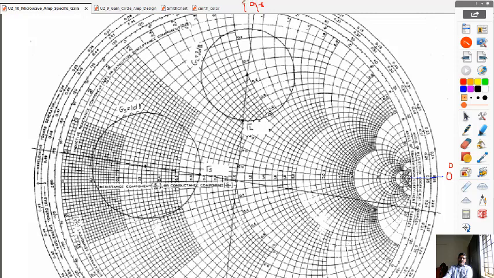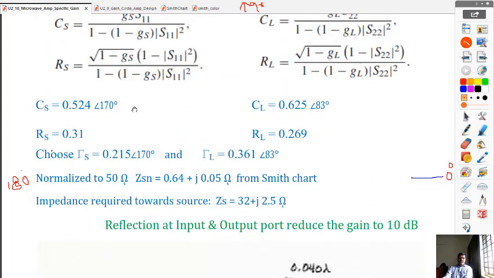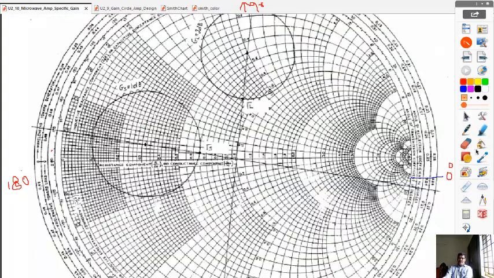This marking, this is 180 degree, and as per the marking, this is 170 degree. How much we have to mark it now? 170 degree. Therefore, you mark the 170 degree on the Smith chart.